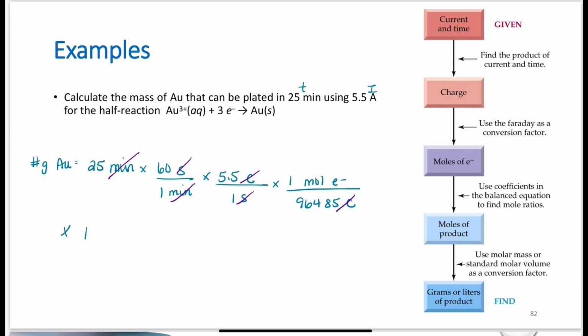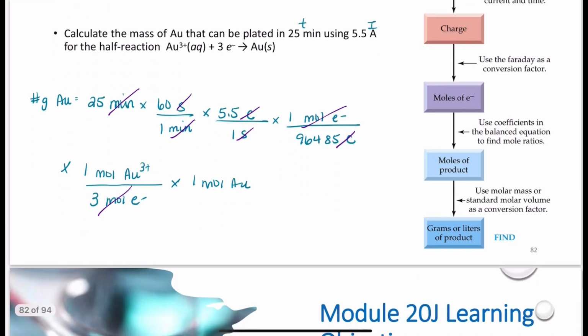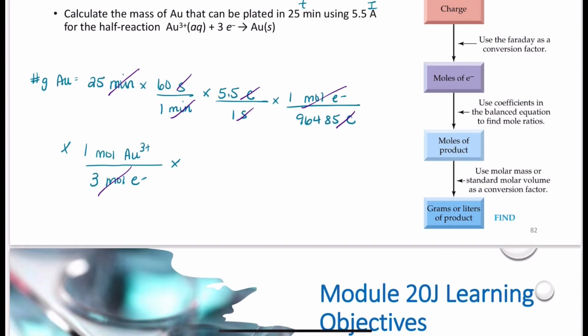I know that 1 mole of gold 3 plus is produced, or is reduced, for every 3 moles of electrons transferred. Again, you are welcome to say 1 mole of gold to 1 mole of gold 3 plus. I apologize, it's getting so messy. It's hard for me to write on the bottom of the screen.